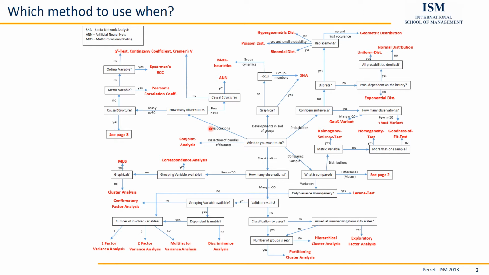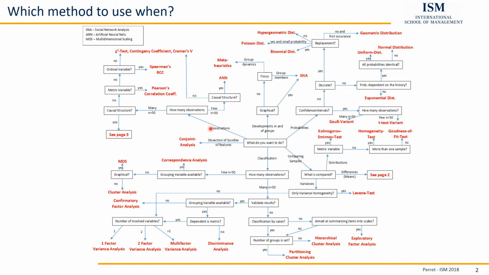A lot, meaning more than 50, or only a few, less than 50? If you only have a few observations, most of the things which require, let's say, means in some way or another, are off the table for you. So if you only have a few observations, less than 50, some even say less than 30.